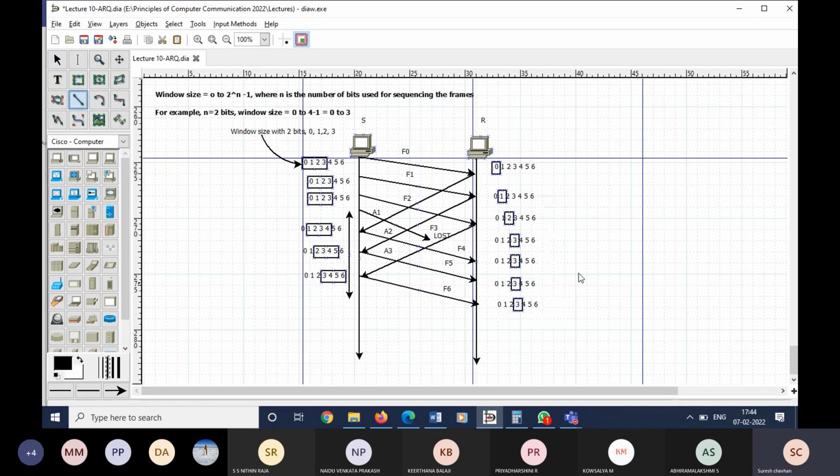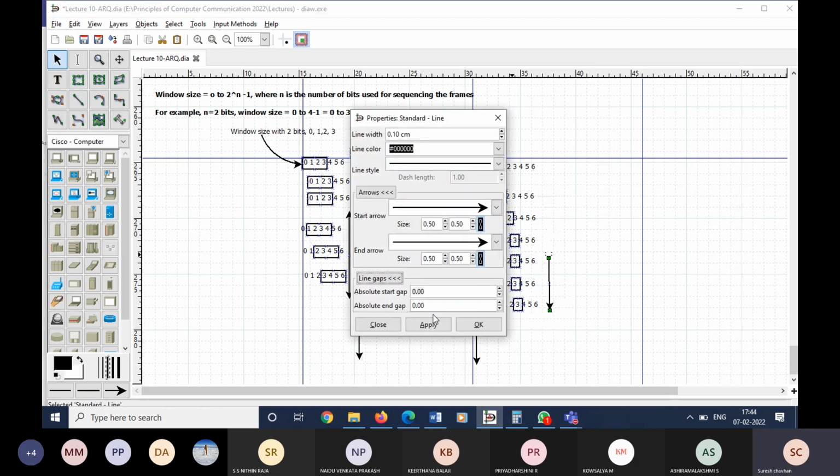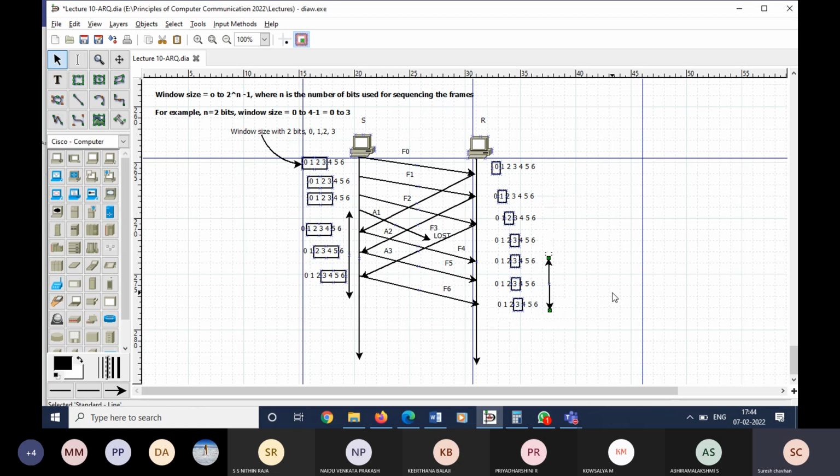So these three frames, though they have been correctly received, the receiver will ignore them, because it will be waiting for F3, right?